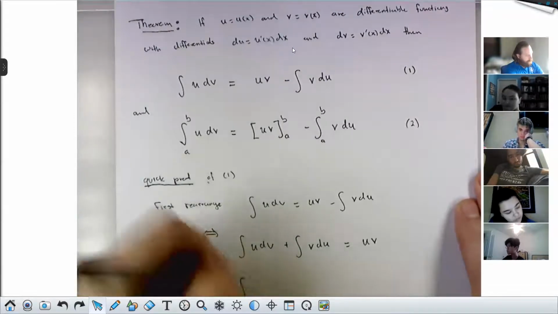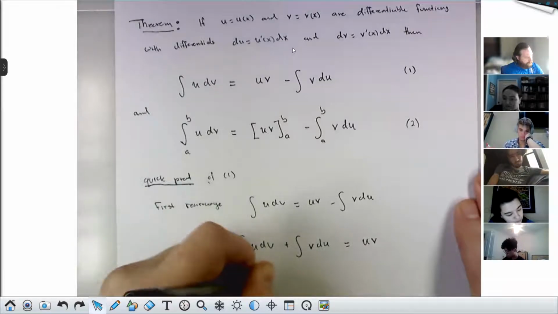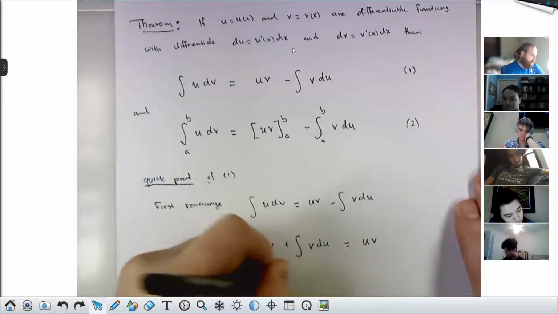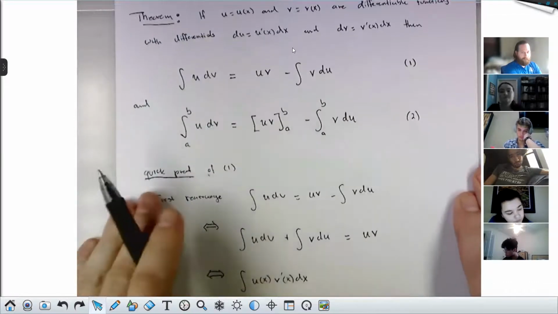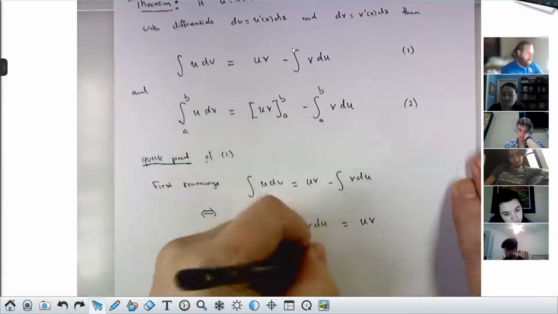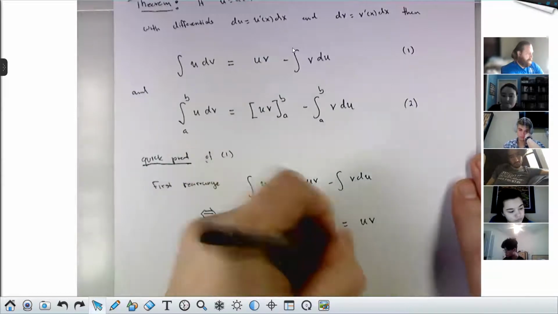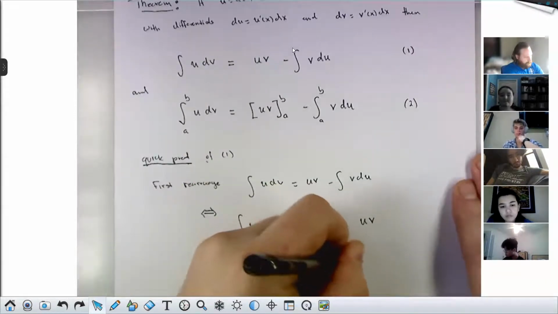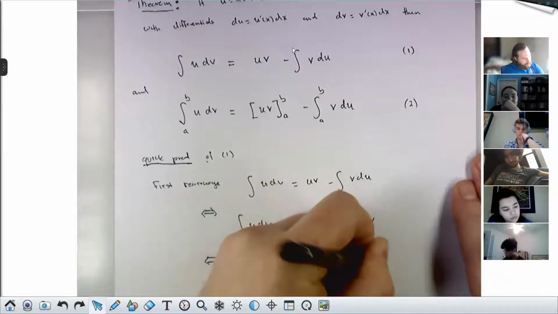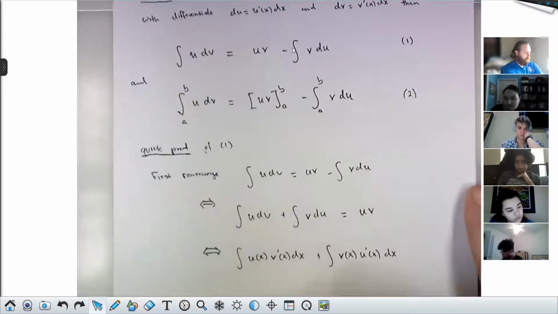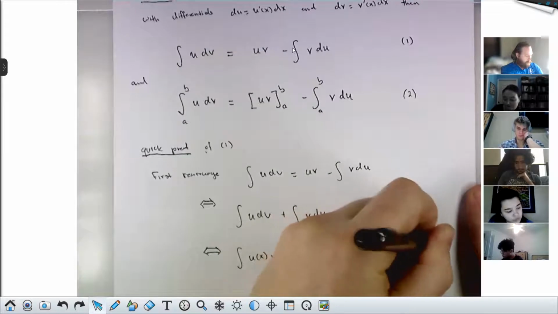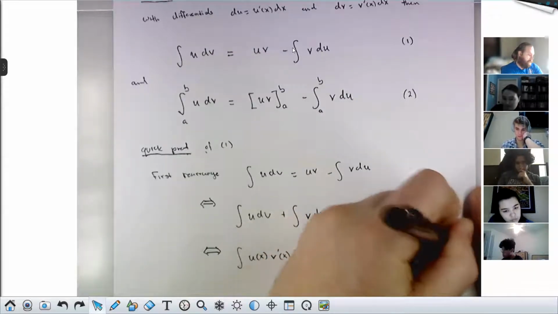So this is the integral of u of x times v prime of x dx. That's the first integral. Plus the integral of v of x times u prime of x dx. That's the second integral. Equals u of x times v of x.